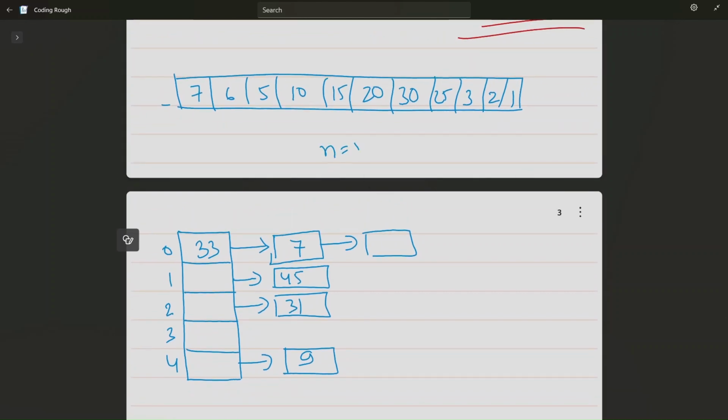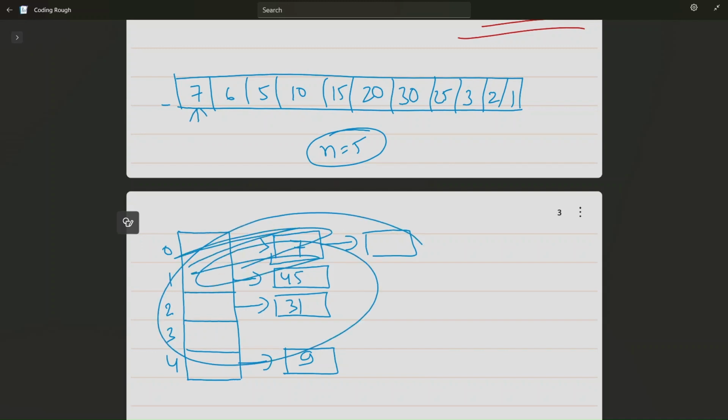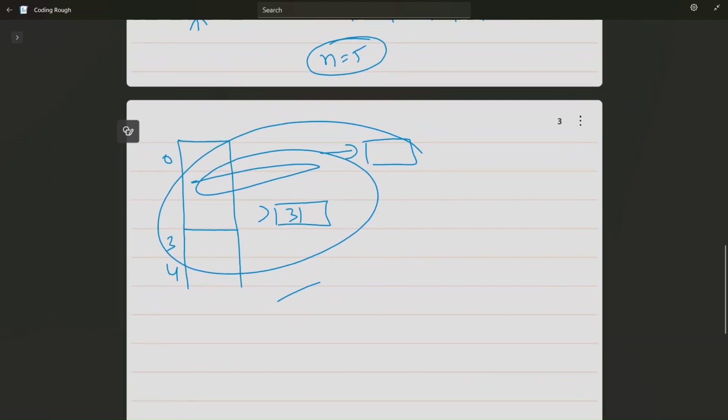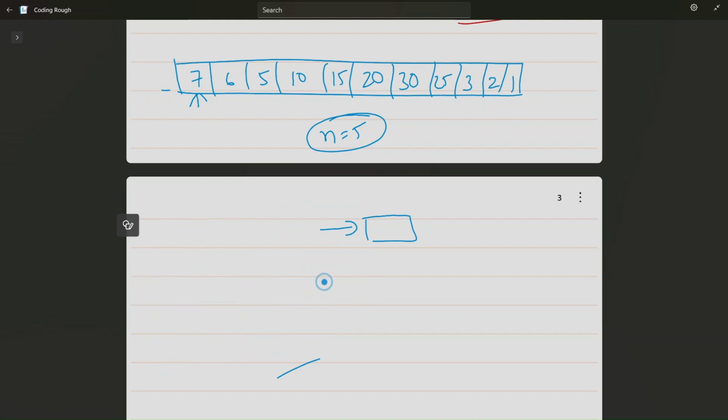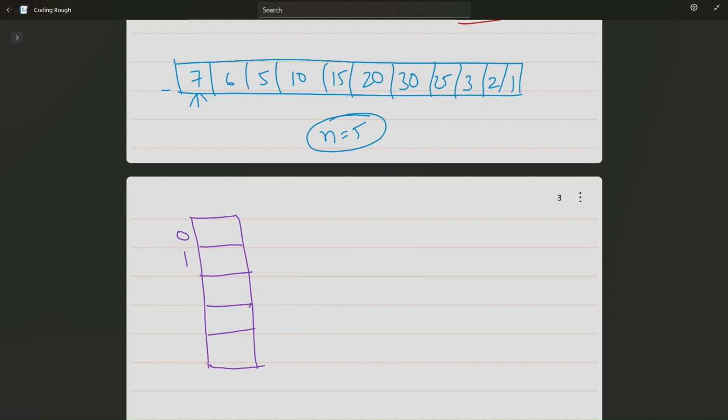The index will be 0, 1, 2, 3, 4. Now 7 modulus 5 is 2, so I will store 7 here.